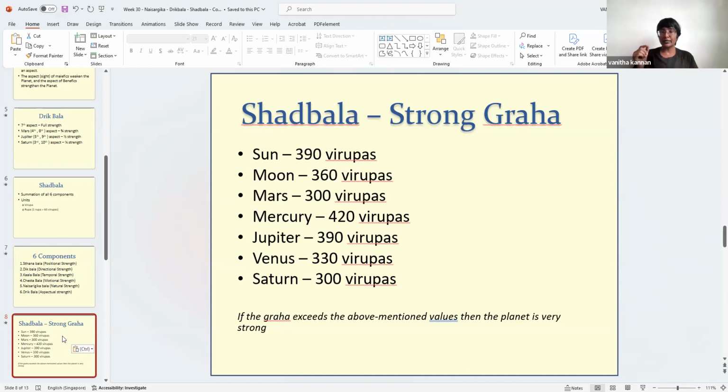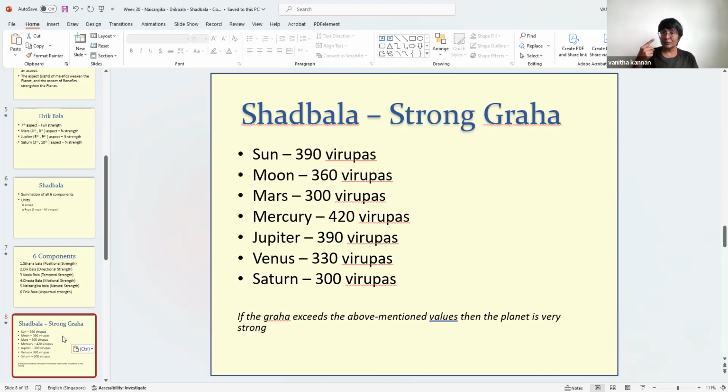Same for the Jupiter also. If the sun and the Jupiter have 390 at least, I'm repeating, at least, it can go more than that. If it goes more than this, it is too strong. Sun and Jupiter at or above 390, it is the strongest graha.